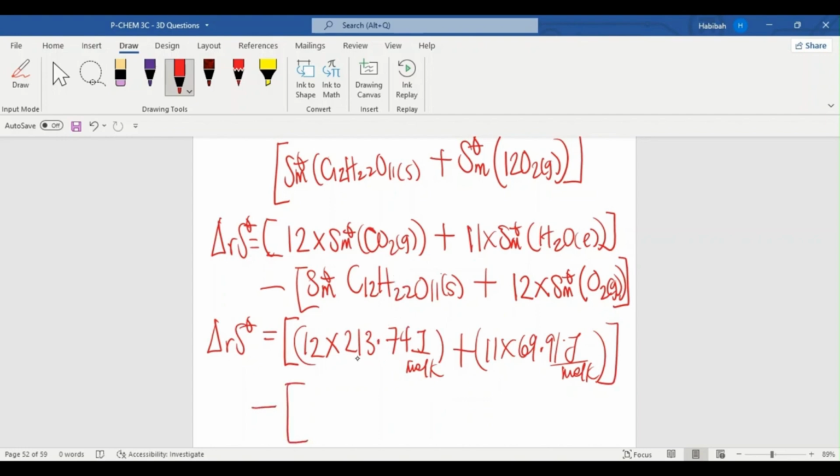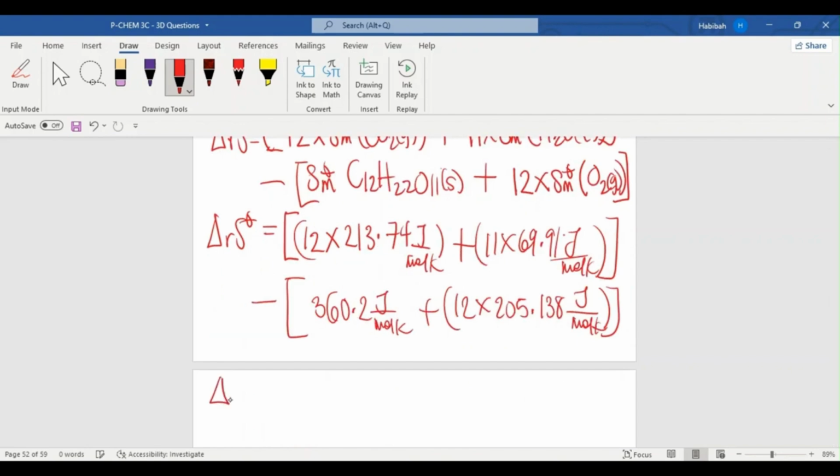So that's just going to be 360.2 joule per mole Kelvin plus 12 times 205.138 joule per mole Kelvin.